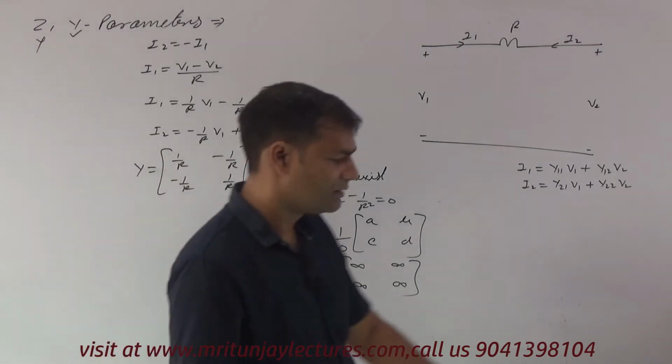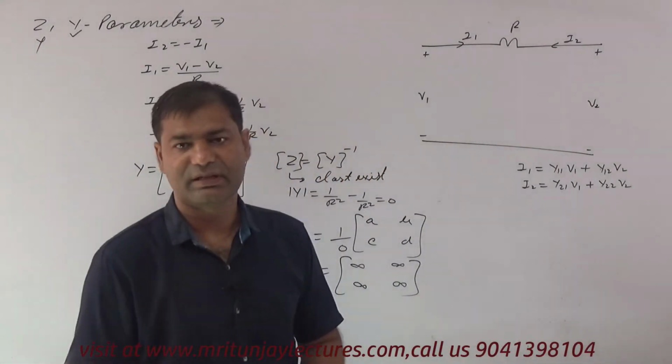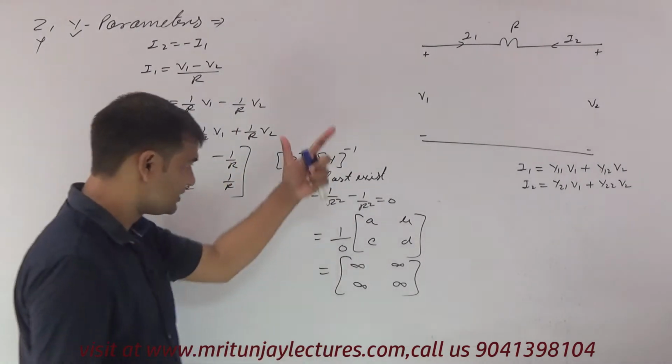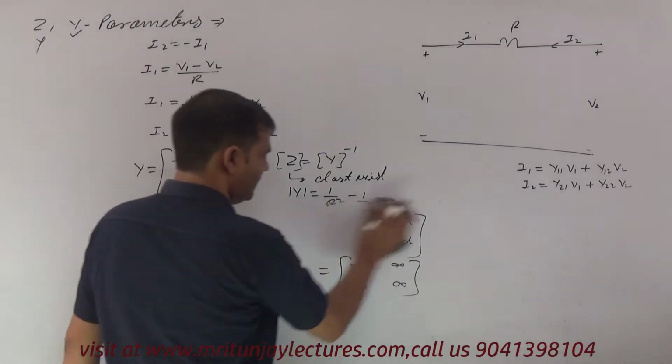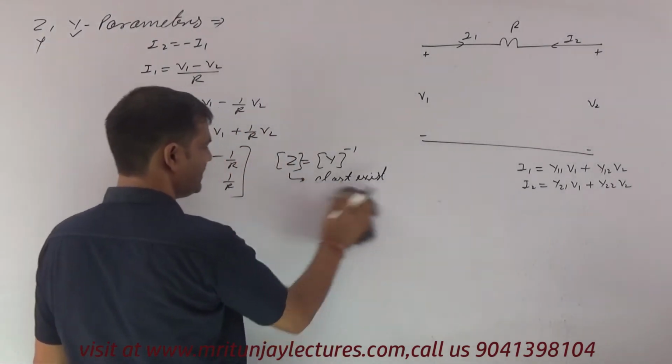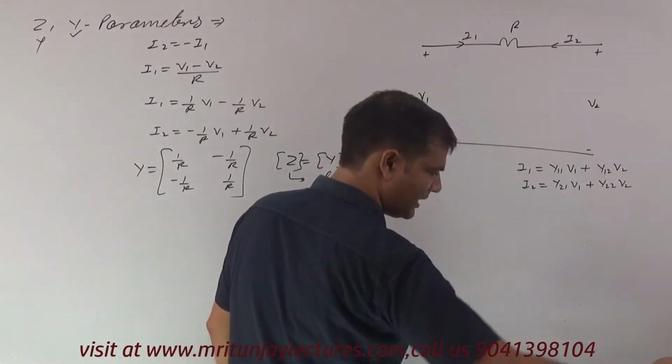If someone says, sir, please clarify with the circuit, okay, mathematically it is clear. The Z parameter does not exist.